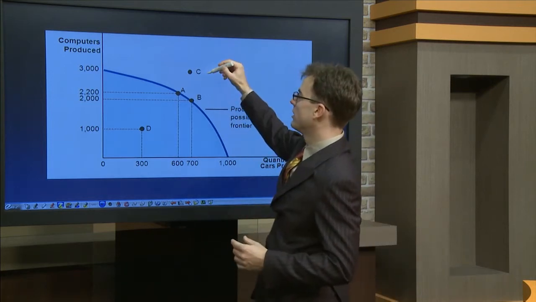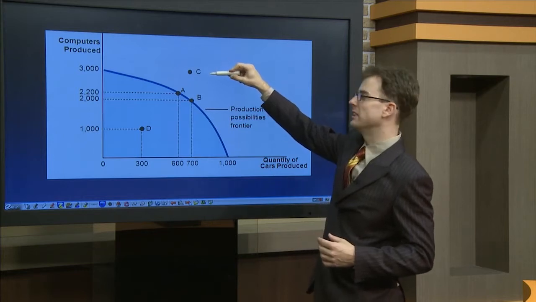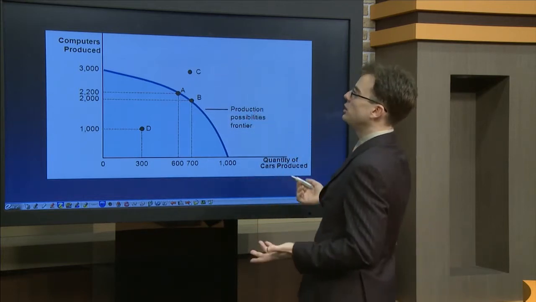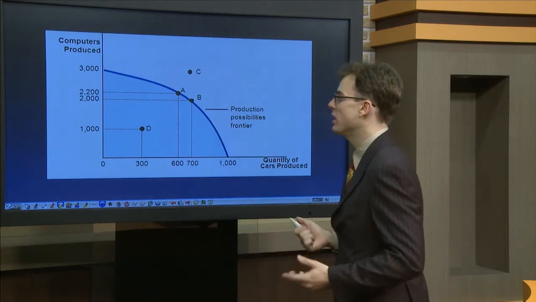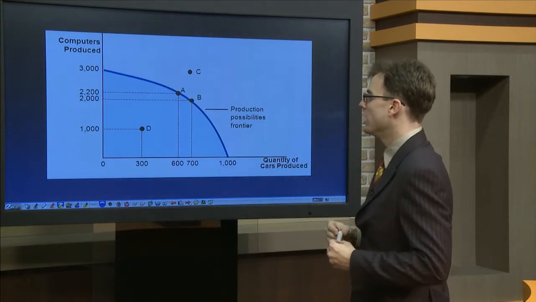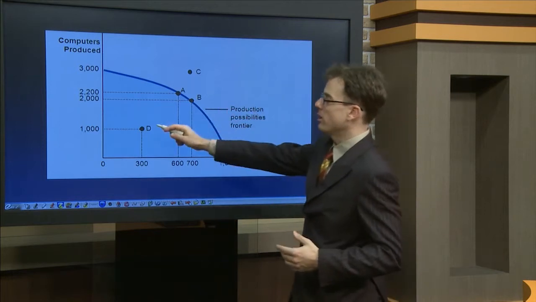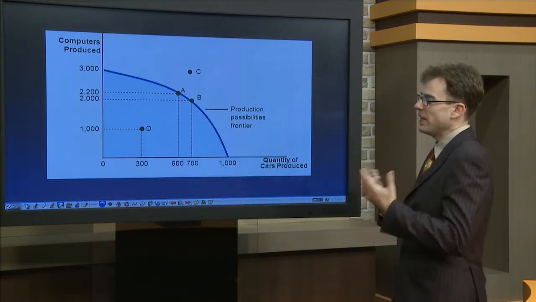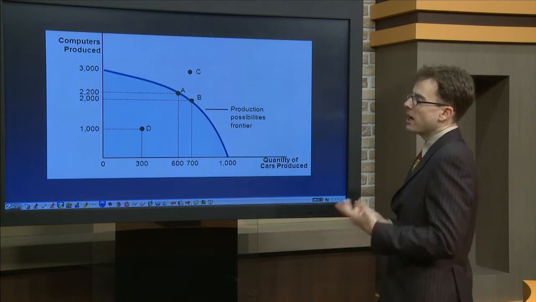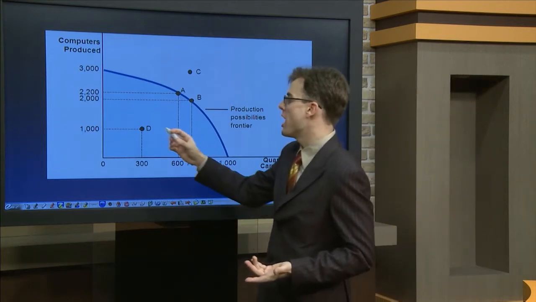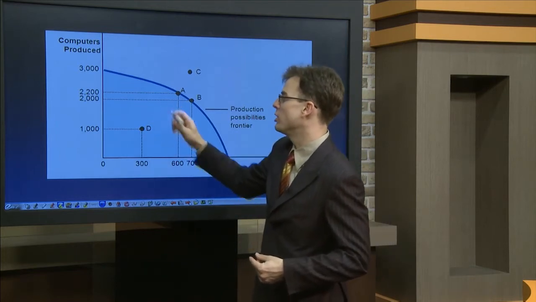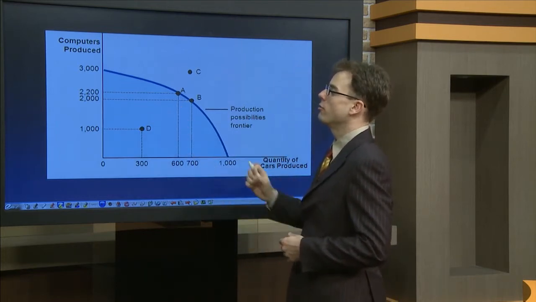We would say that a point such as point C is not feasible, not available, because we cannot produce it with the amount of available inputs and technology. On the other hand, a point such as D is feasible, but it is not efficient because the economy can strictly improve its situation by producing more of either of the commodities.